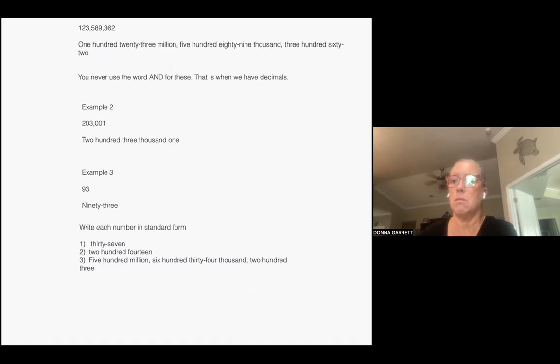And last one, which is 500 million, 500 million, 634,000. $34,000 and 203. So if you did that, awesome.